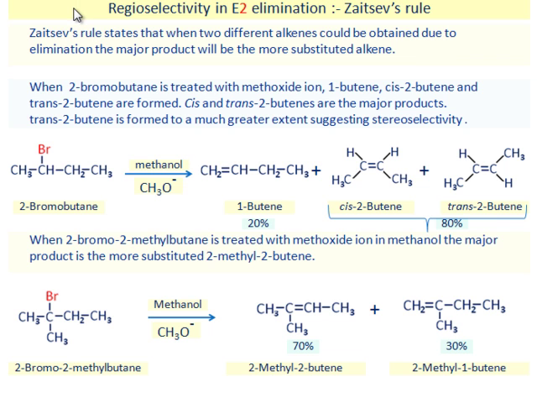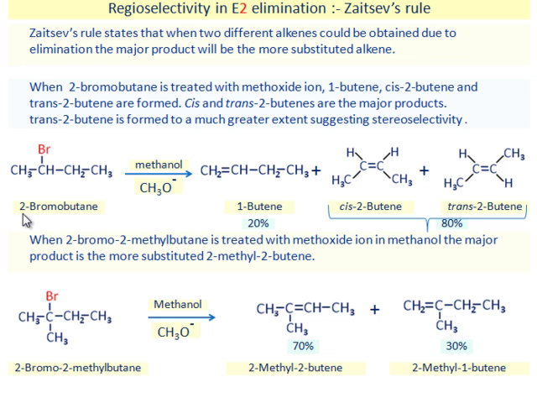Regioselectivity in E2 elimination. Zaitsev rule. Zaitsev rule states that when two different alkenes could be obtained due to elimination, the major product will be the more substituted alkene.